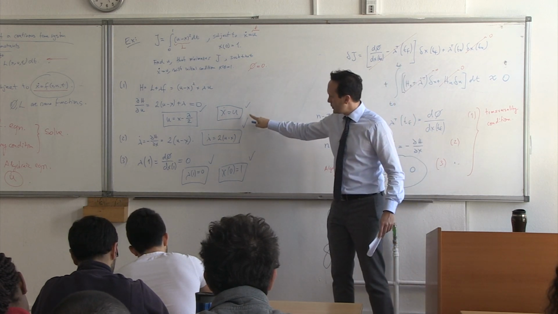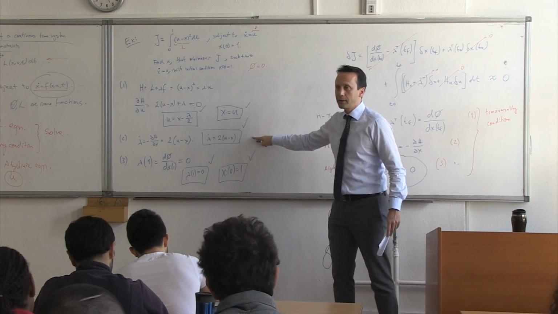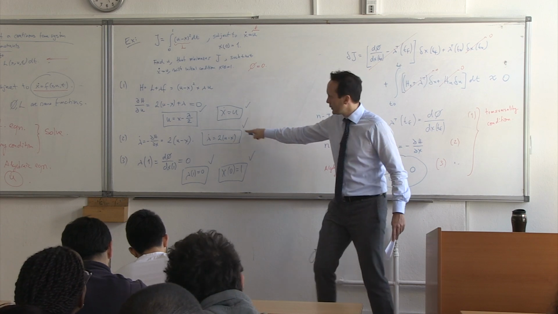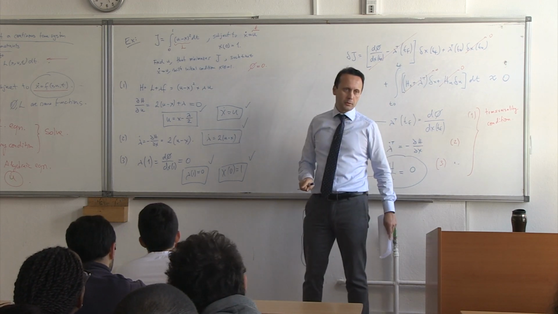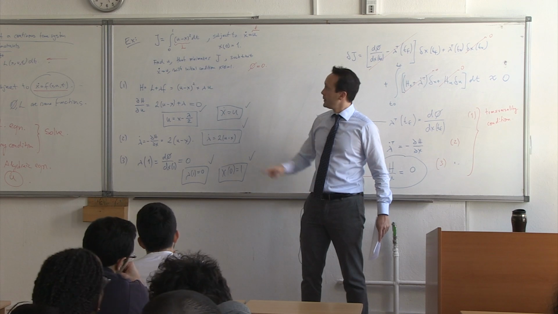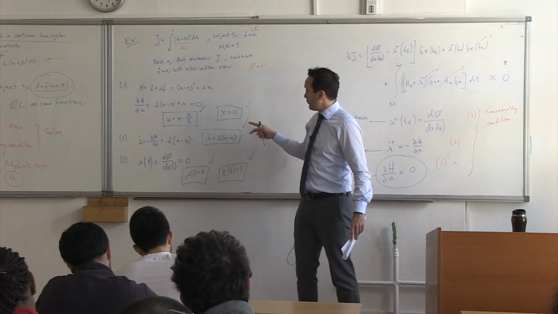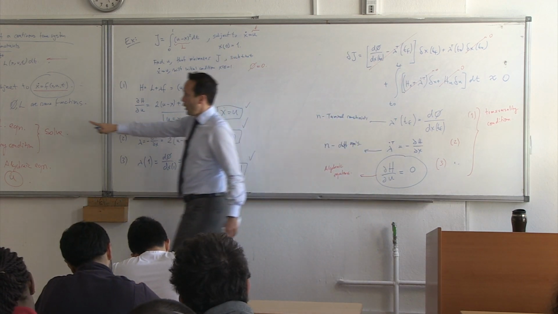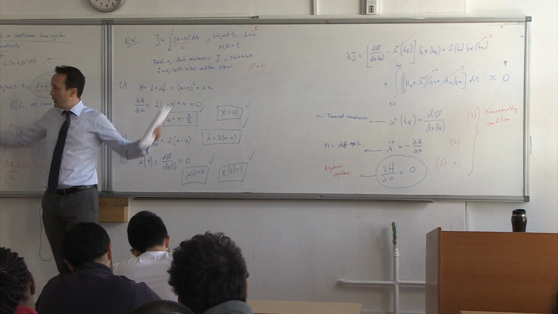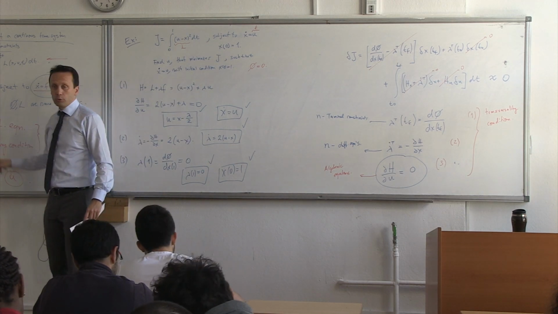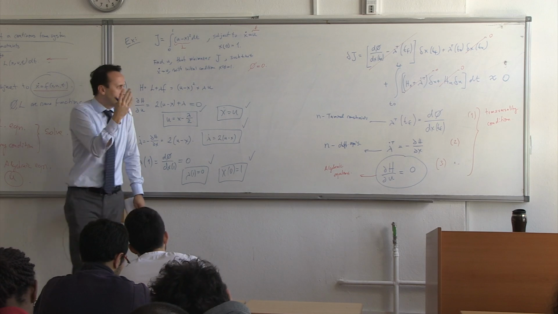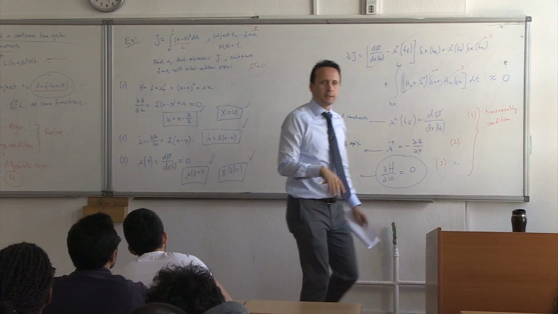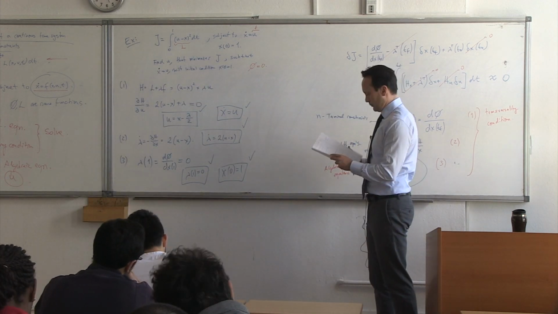Two boundary conditions, two differential equations. I should be able to solve it in one condition for the optimization. It's a one-dimensional problem, therefore I have two differential equations, two boundary conditions. And from now on, it's just simple mathematics or algebra, whatever you want.